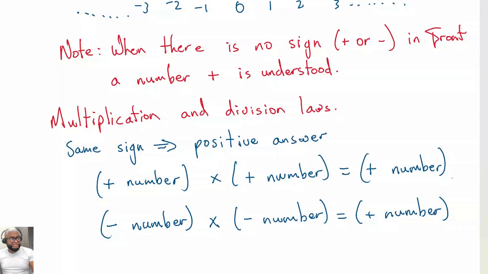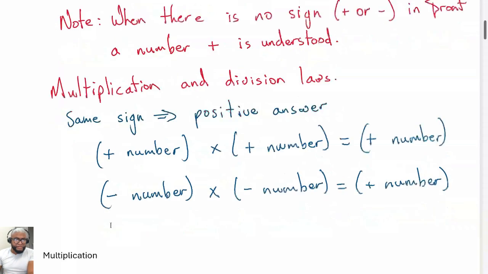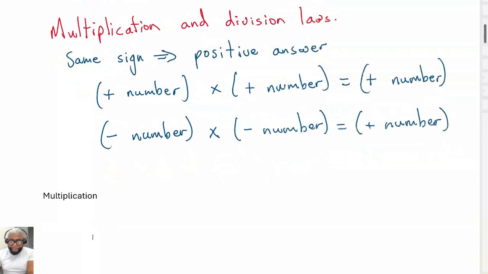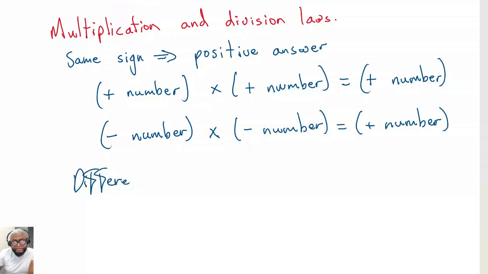Same signs give you a positive answer, right? Then, if we have different signs, the answer will always be negative, right? So different signs imply a negative answer.